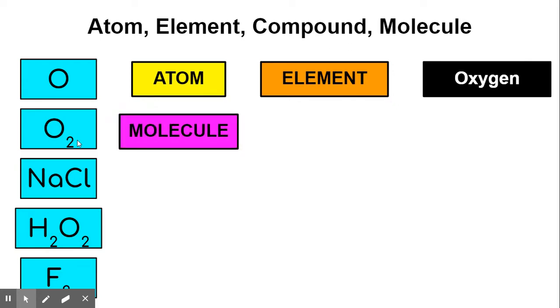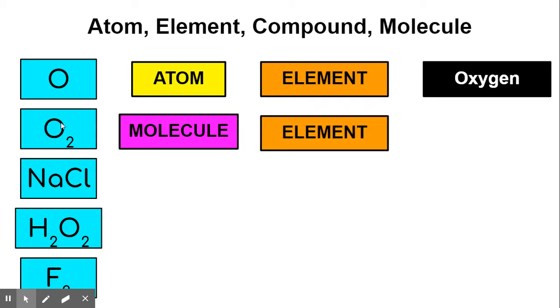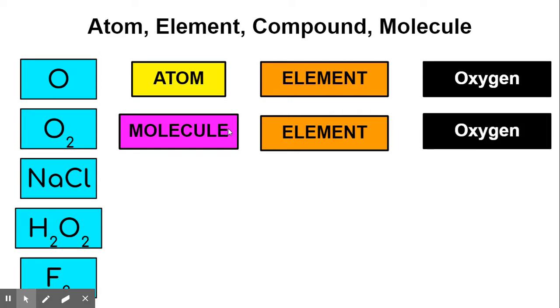Now, it's still an element because there's only one element symbol present, but it is no longer an atom of oxygen. It is now a molecule of oxygen. A good way to think about this is kind of plural. If there's more than one of anything, it's got to be a molecule.